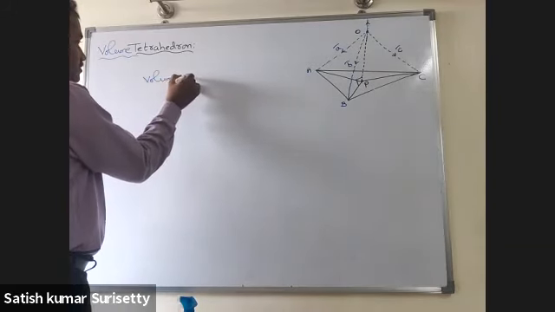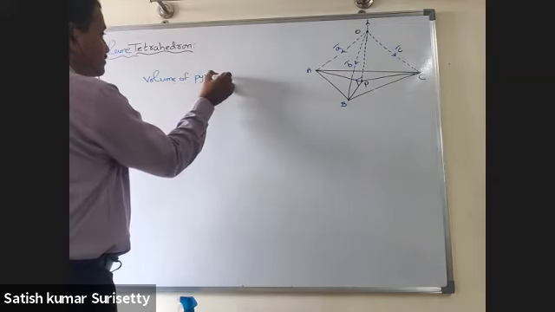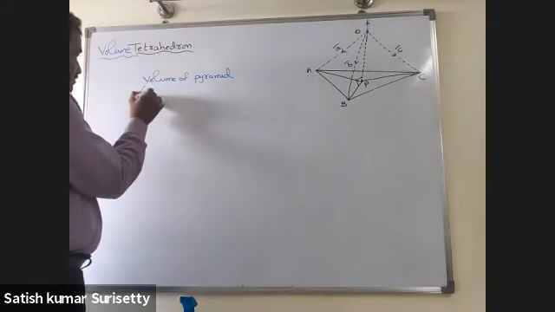So volume of pyramid, that is here volume of tetrahedron.